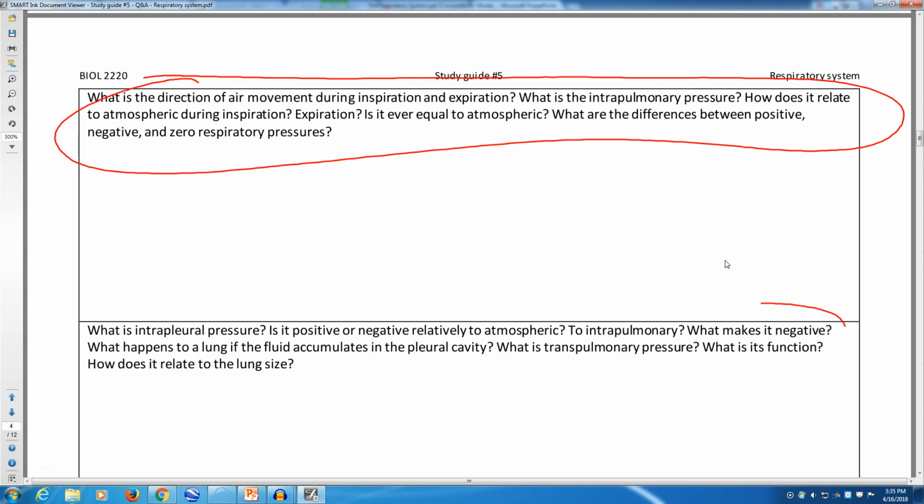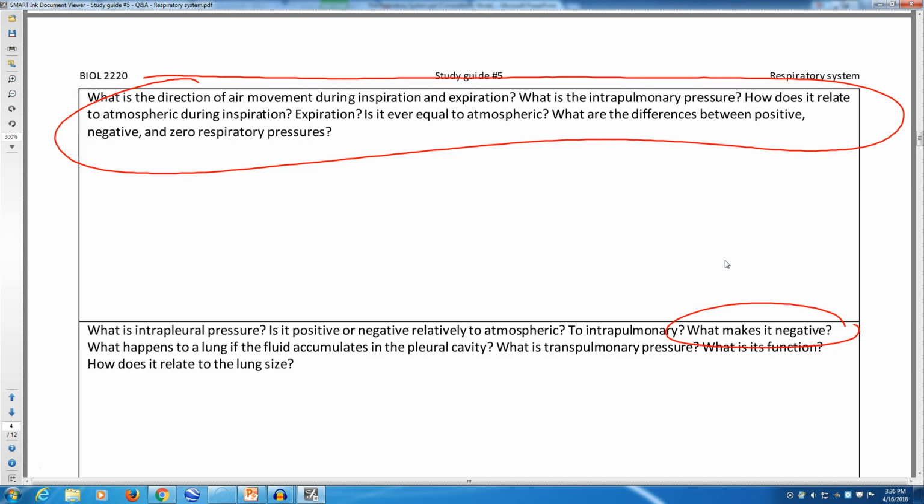What maintains low intrapleural pressure? Chest wall expansion. And another thing, think about this. It's like a chamber with two big walls, your chest and the lung.